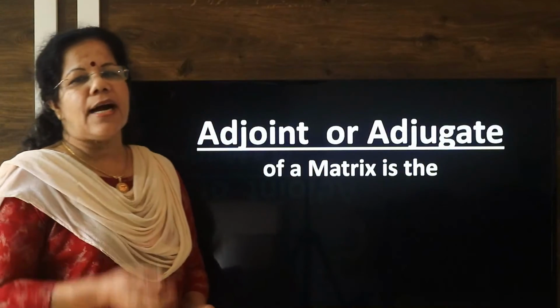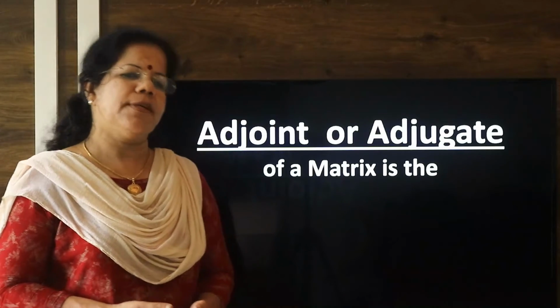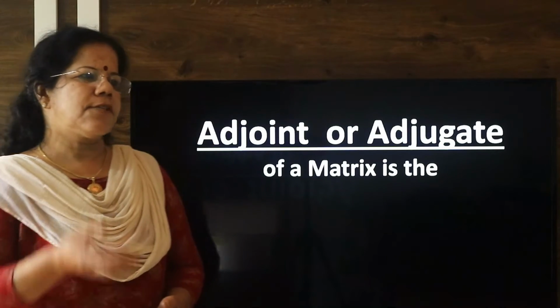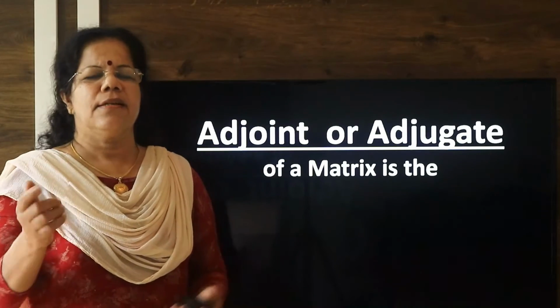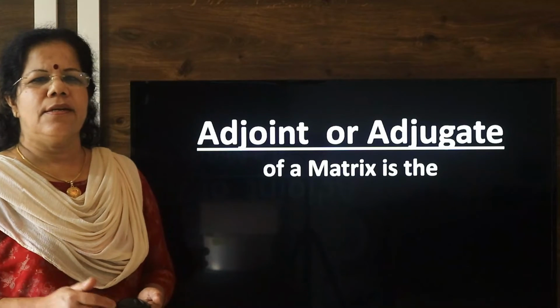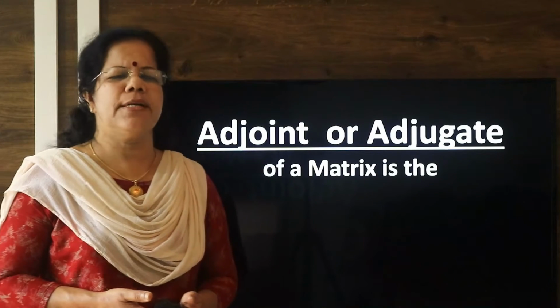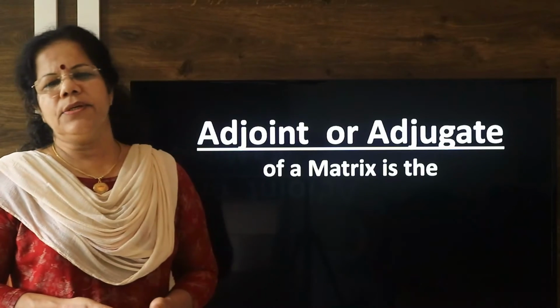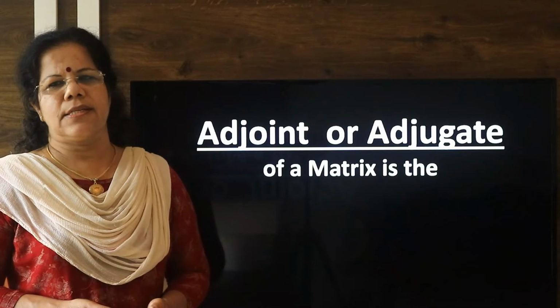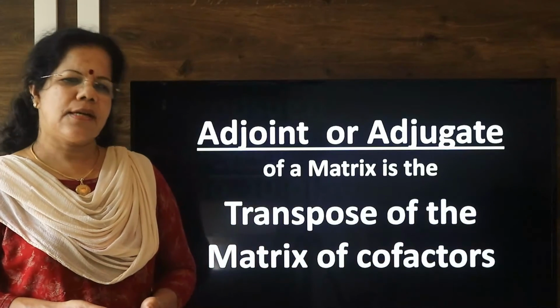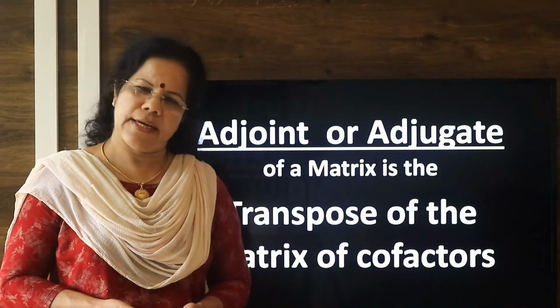Okay. The next one is the adjoint or adjugate of a matrix. First we had minors, then second cofactors. Now we are directly telling the adjoint or adjugate of a matrix. How do you see it? The adjoint or adjugate of a matrix is defined as the transpose of the matrix of cofactors.